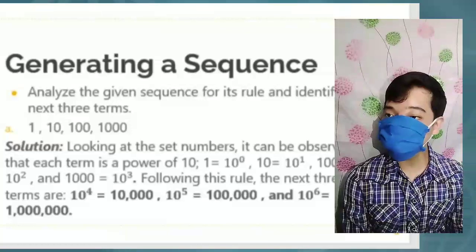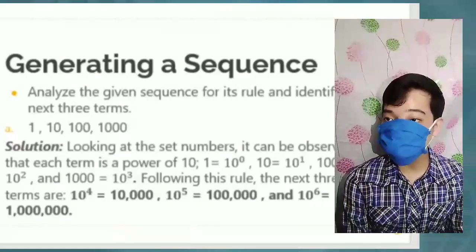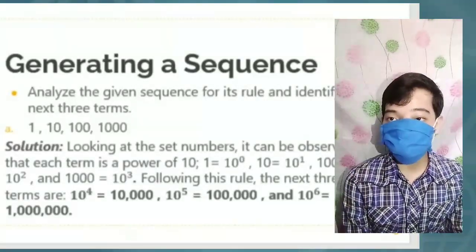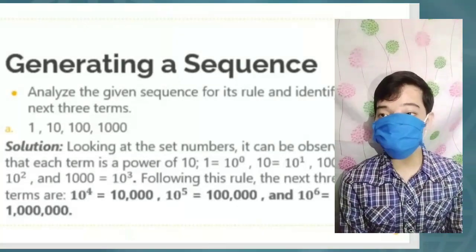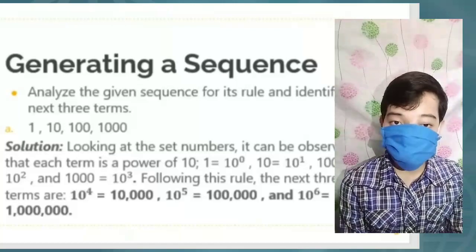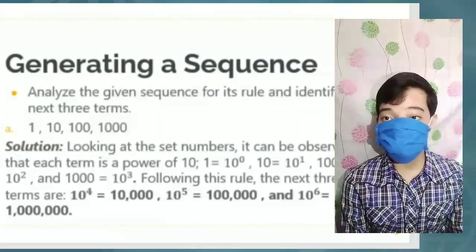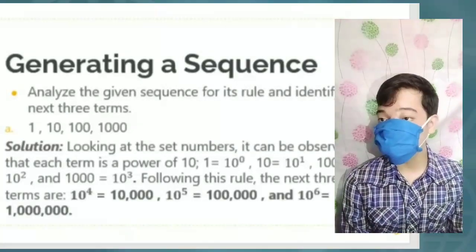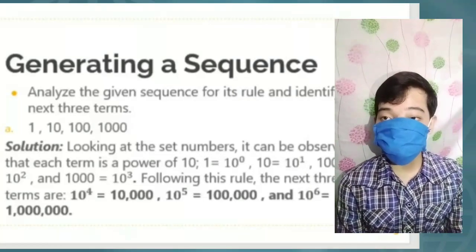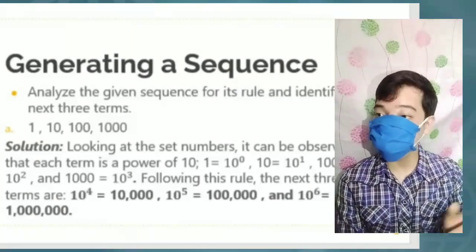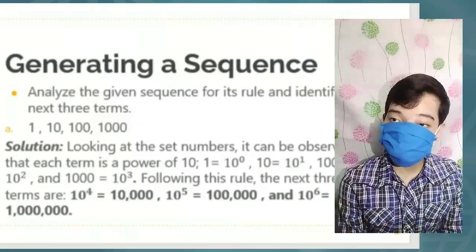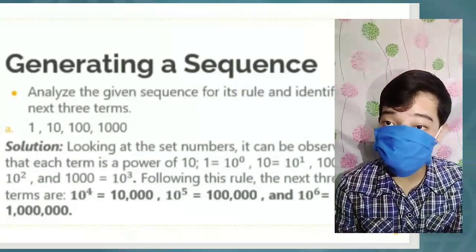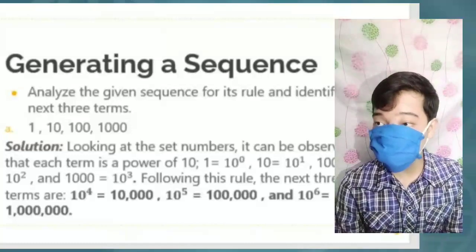So if we simplify them, 10 raised to 4 is equal to 10,000. 10 raised to 5 is equal to 100,000. And then 10 raised to 6 is 1 million. So that's how we generate a sequence by analyzing the given sequence.